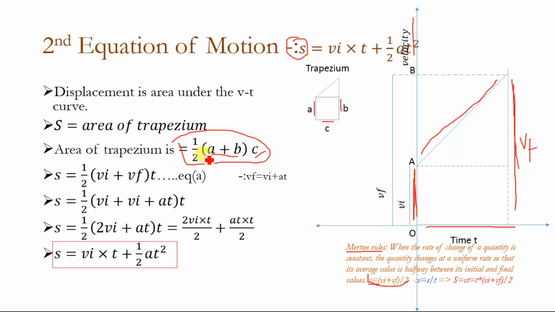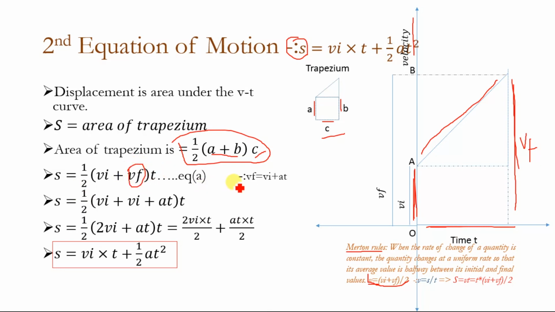Now using this formula, we have A is equal to Vi, B is equal to Vf, and C is equal to the time axis, which is this one. We will get S is equal to 1 over 2 (Vi plus Vf) into t. Now we will eliminate the Vf term from this equation.